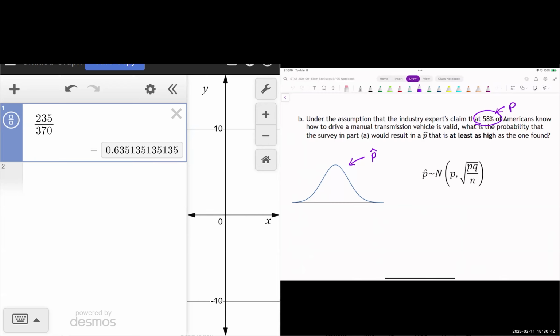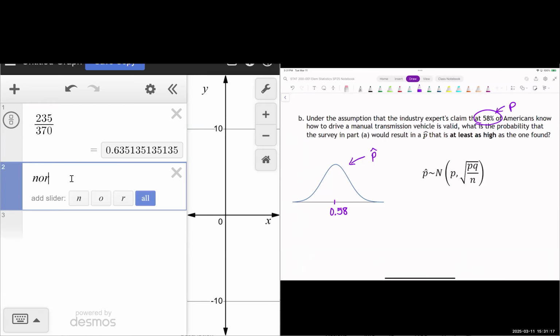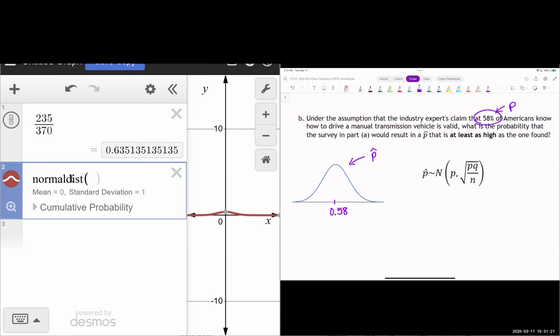We know from the central limit theorem that the sampling distribution of p hat is normally distributed with a mean of p, and we're given that the population proportion in this case is 0.58, and the standard error of the sampling distribution is the square root of PQ over N. So we can define our sampling distribution in Desmos with those parameters.